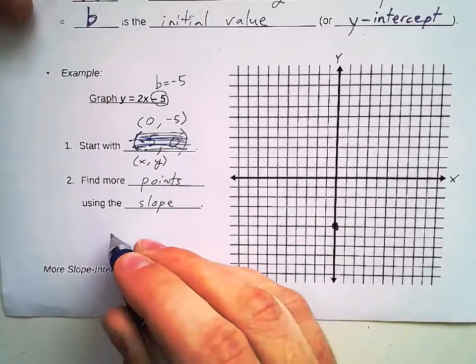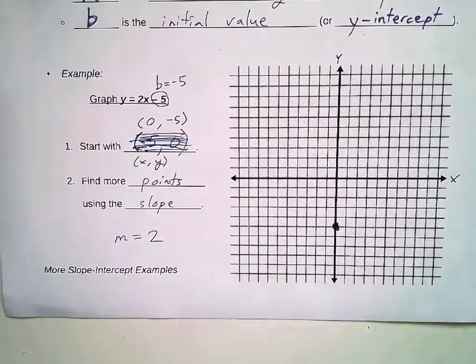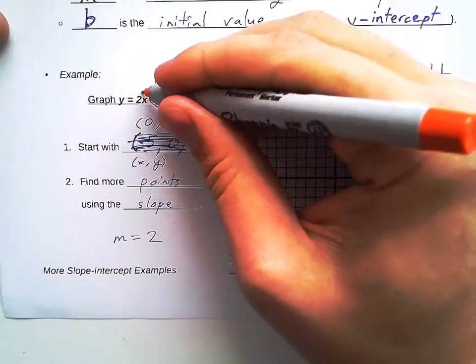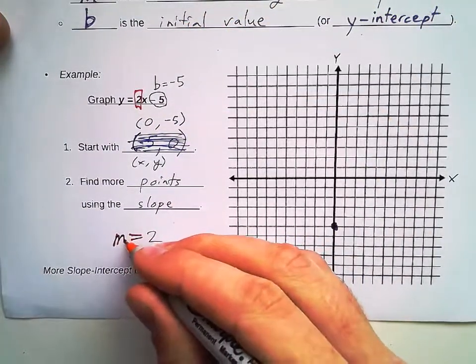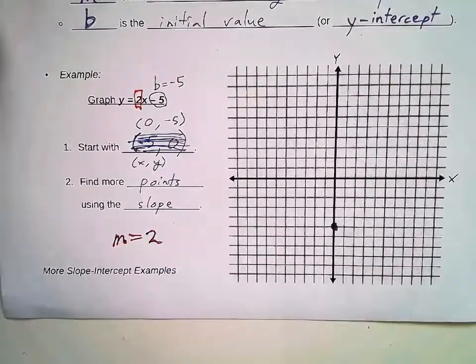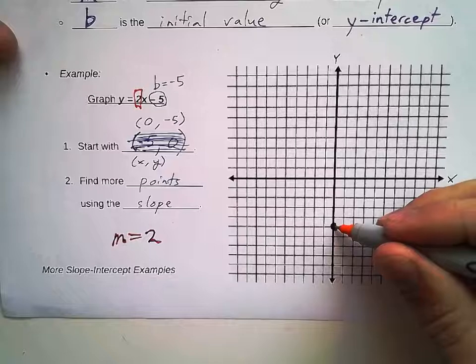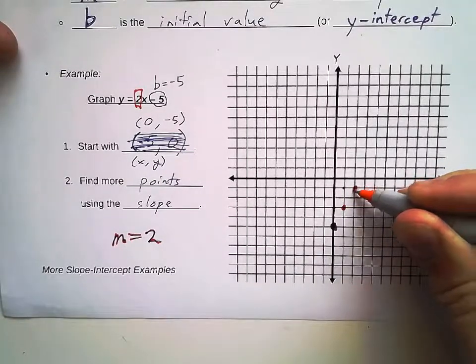Okay, the slope is 2. I'm going to use a different color for the slope part. m is 2. So that means we're going to go up 2 over 1, up 2 over 1.